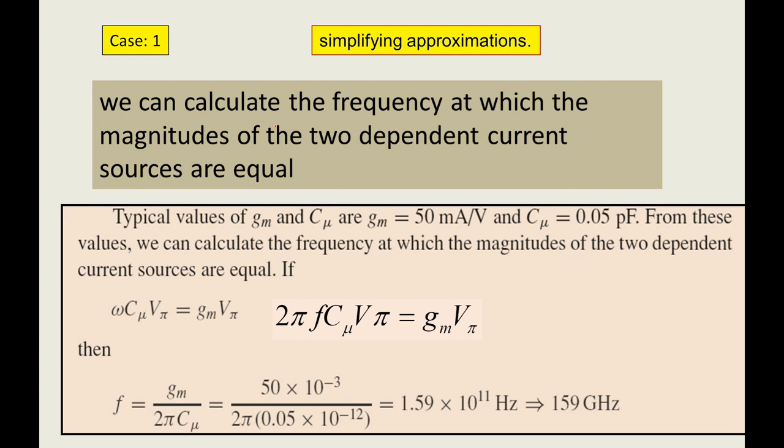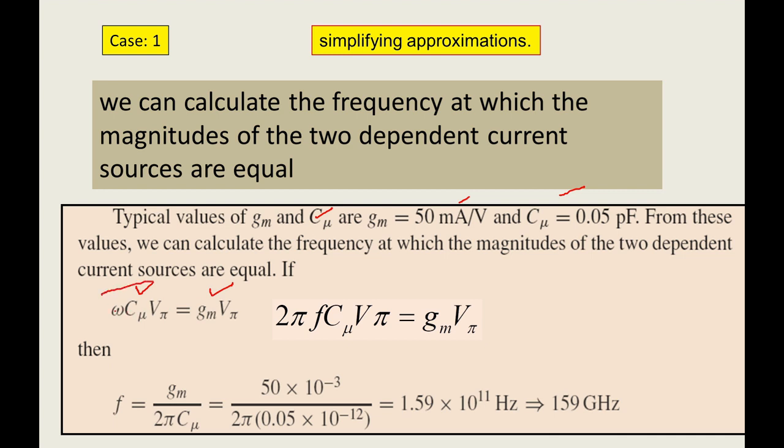We can calculate the frequency at which the magnitudes of the two dependent current sources are equal, with the typical values of g m, C mu and the others. Omega C mu v pi is one dependent current source, and g m v pi is another. I am going to remove this, that is the question.